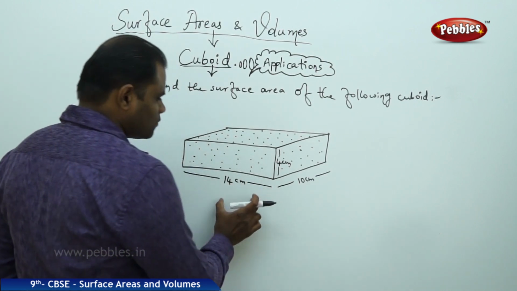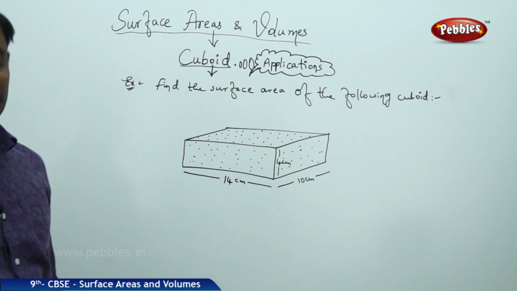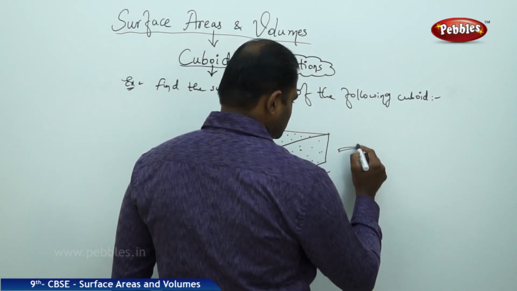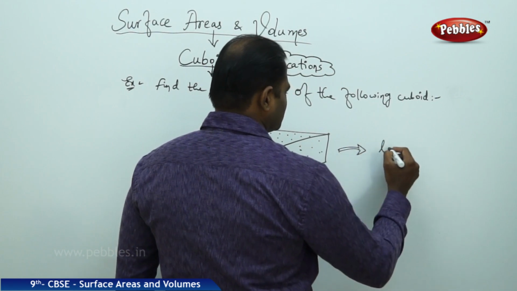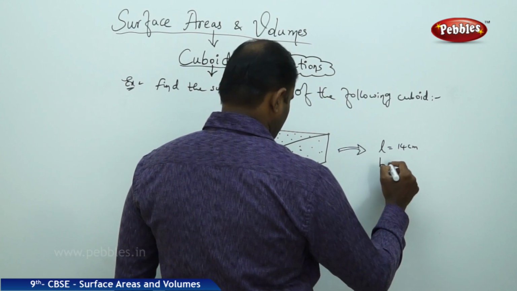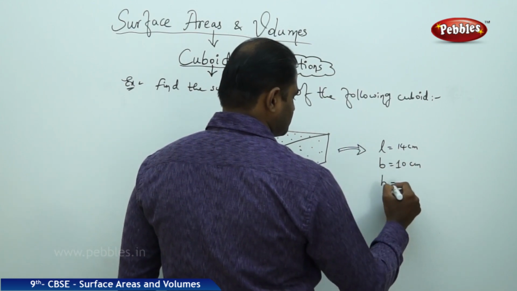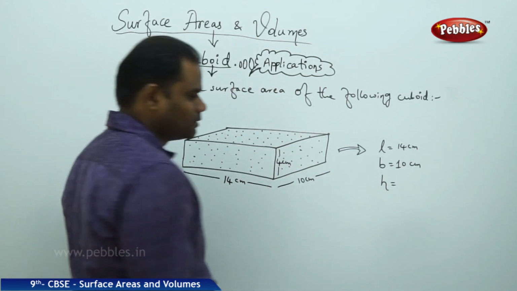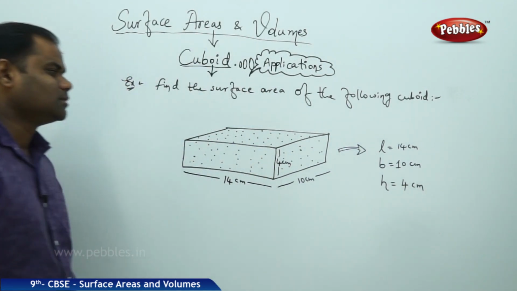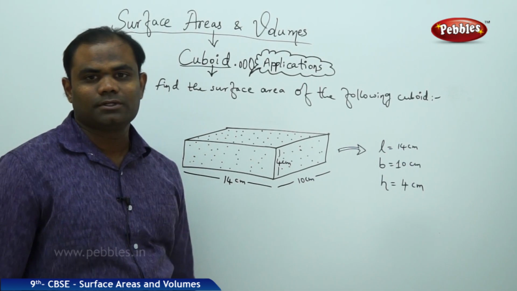Clearly, the dimensions 14, 10, and 4 are nothing but the length, width, and height which we identify in the diagram. So for this cuboid, my length L is 14 centimeter, my width B is 10 centimeter, and my height H is 4 centimeters. So L, B, H are given out here.